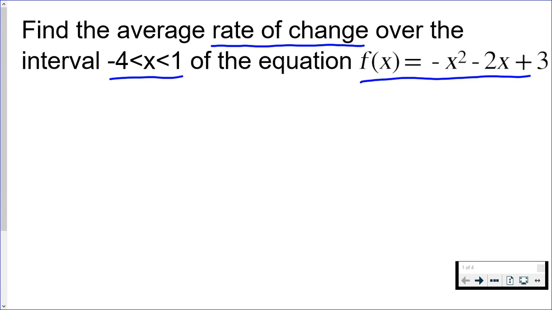So, even though this is an average rate of change, we will still be using the slope formula. But in order to find slope between 2 points, you need 2 points, and I don't have those 2 points yet. So I'm going to take my first x value, which is -4, and I'm going to plug it into my function.